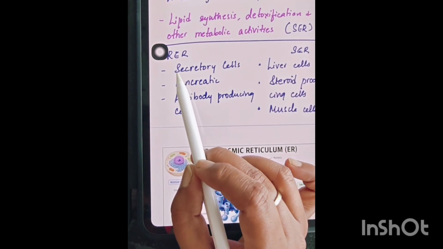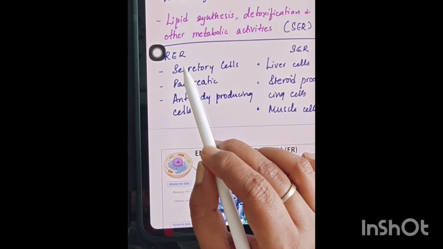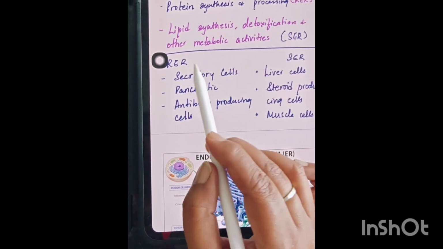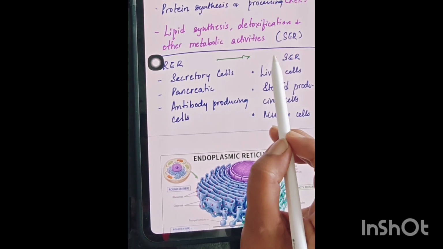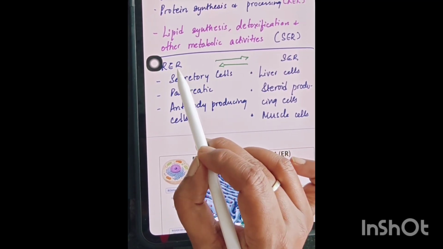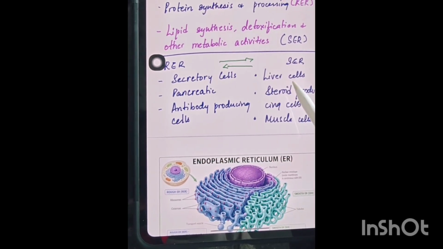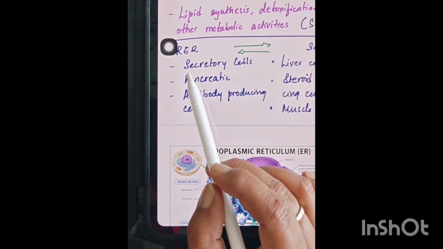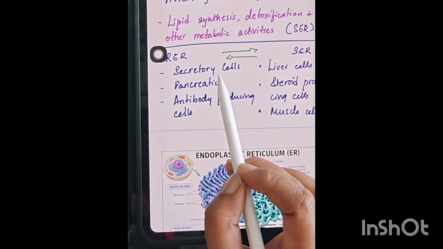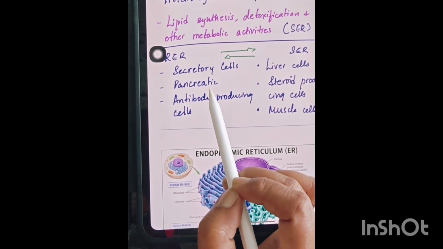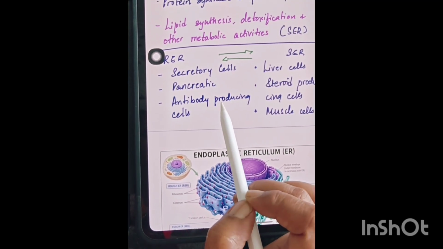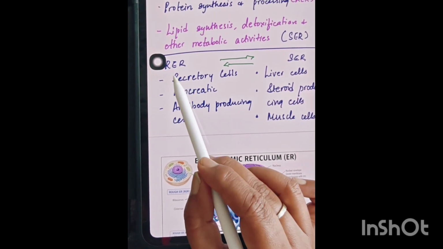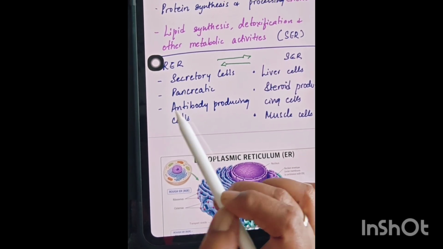Now the positions of rough and smooth endoplasmic reticulum. Rough can be converted to smooth and smooth can be converted to rough, as per the function of the cells. Rough endoplasmic reticulum is present in secretory cells, pancreatic cells and antibody-producing cells.